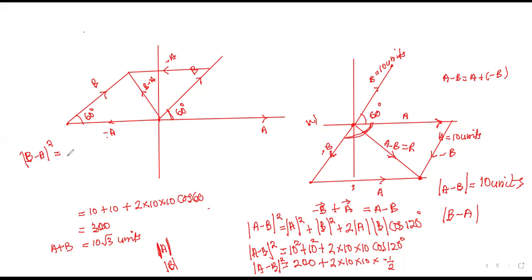So B minus A squared becomes 10 squared, the same rule, plus 10 squared. Here we are using the angle between them. So plus 2 times 10 times 10 times the cosine of the angle 60.